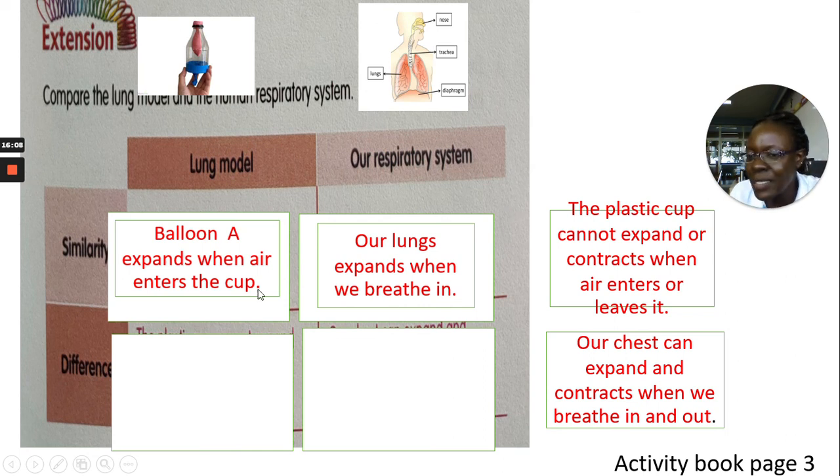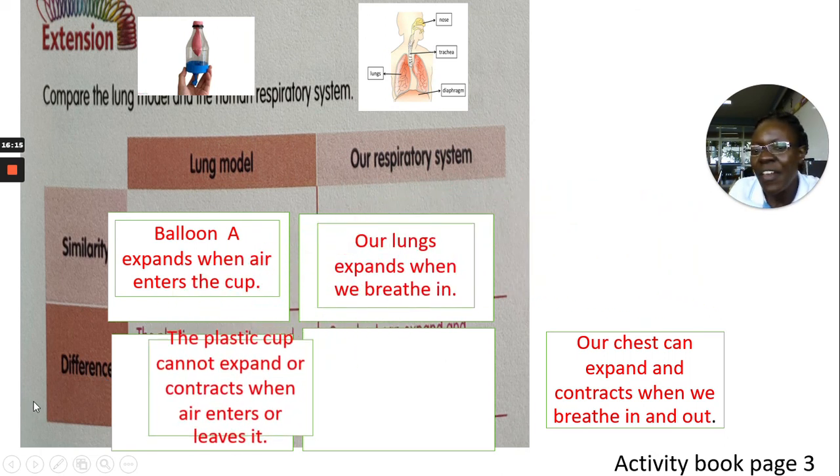Next, what are the differences? Now, for that, we have the plastic cup cannot expand or contract when air enters or leaves it. So this one remains the same. It cannot become bigger or it cannot become smaller. When air gets inside, nothing happens to the plastic, okay?